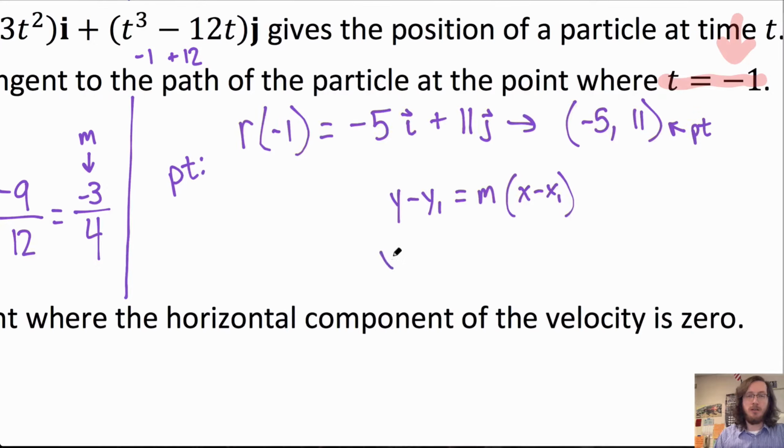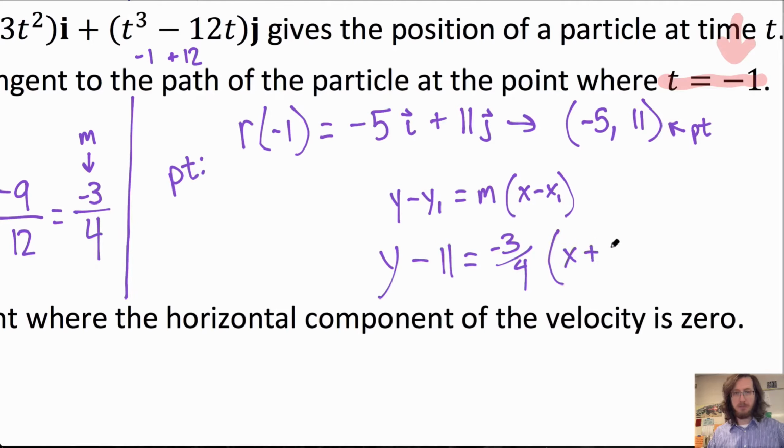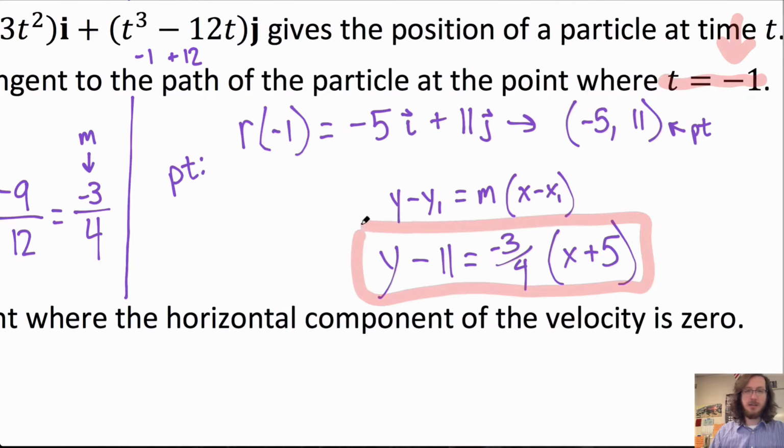We have y minus our y1, 11, equals our slope times x minus our x component, and we're done. So this is the equation of the line tangent to our position function at time -1.